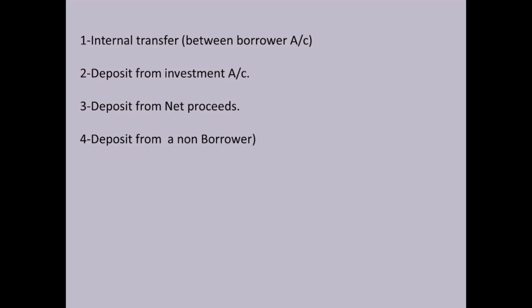Then you will check whether it is more than your large deposit threshold or not. In the example which I have already given you, 5,000 is the large deposit threshold in our case, and you see the deposit is coming from a third party and the deposit is 4,000.